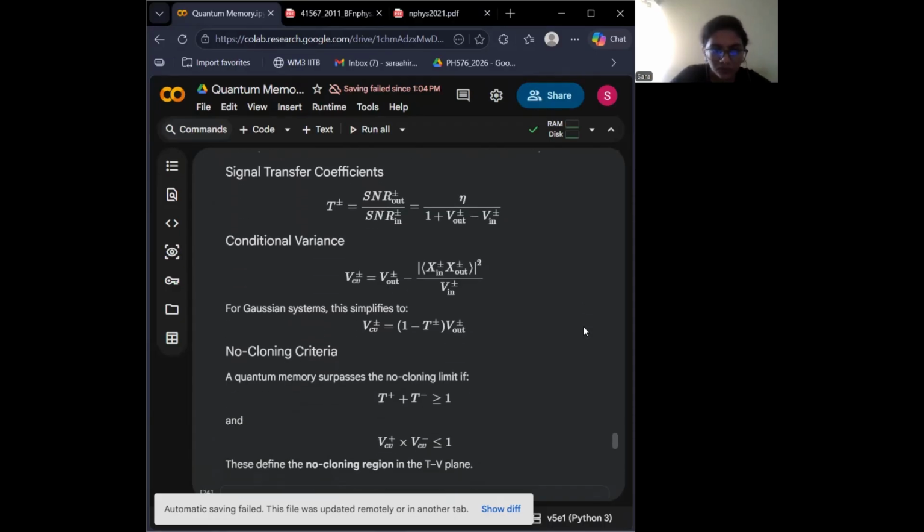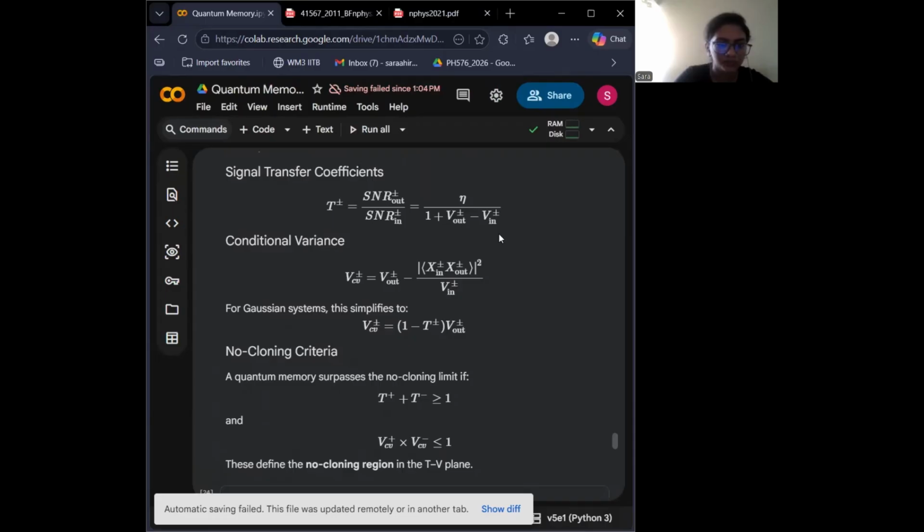Now, coming upon the next parameter that we have, it's the conditional variance. The conditional variance is basically the measure you use to quantify the noise which is being added to the signal. And you need the knowledge of the input state to measure the conditional variance.